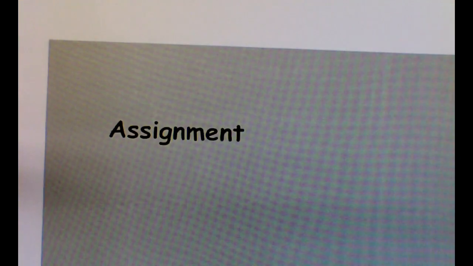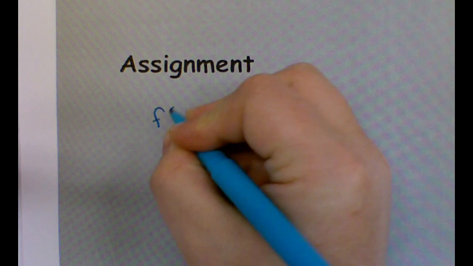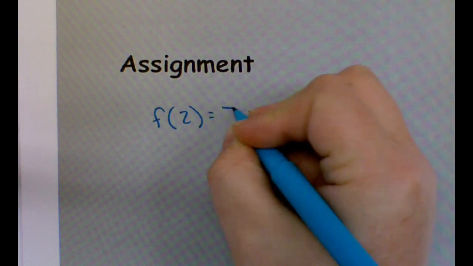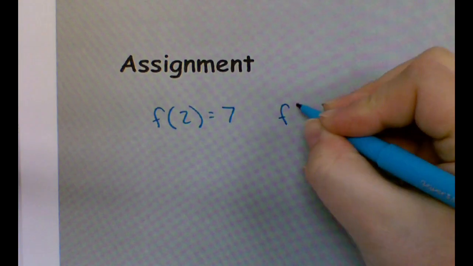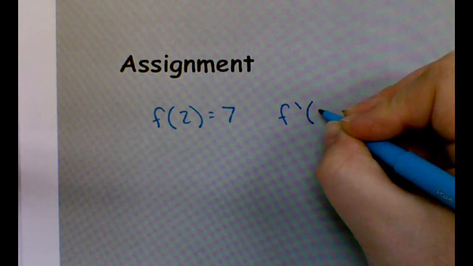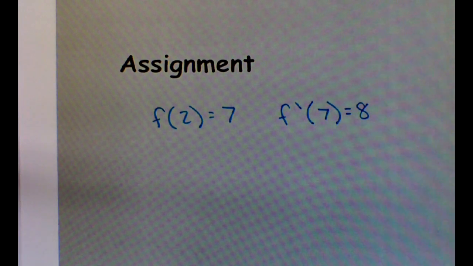So you're going to have an assignment on this. A big thing that's going to happen on this assignment is that you'll be told, okay, f of 2 equals 7, and it'll tell you that the derivative at 2 is, I don't know, 8. Why not?